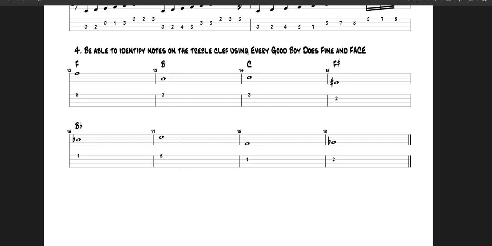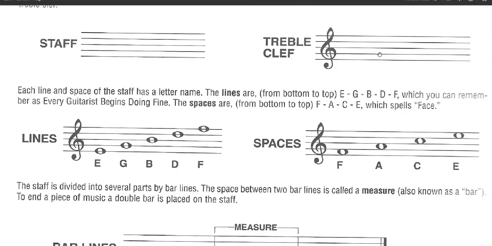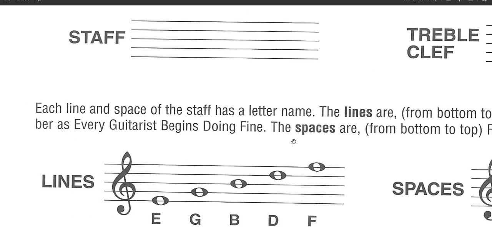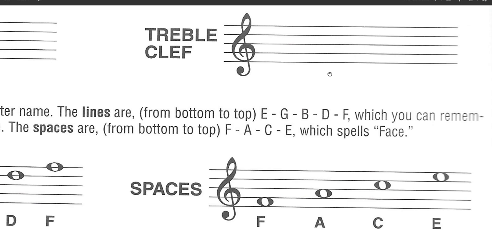The other way to understand how this works is that if we start on this line right here, and we go line to the next space, line to the next space. It starts on E because this is E as in every good boy does fine, and then it goes alphabetical.